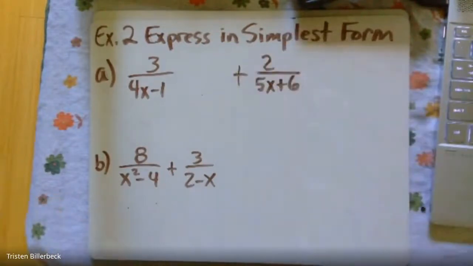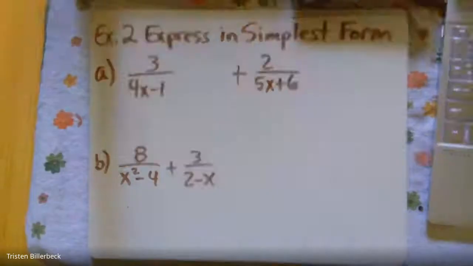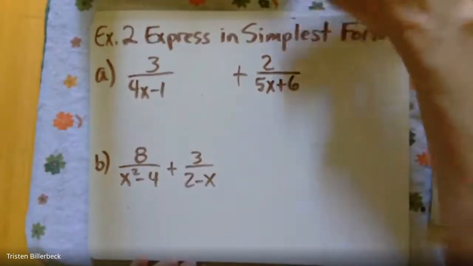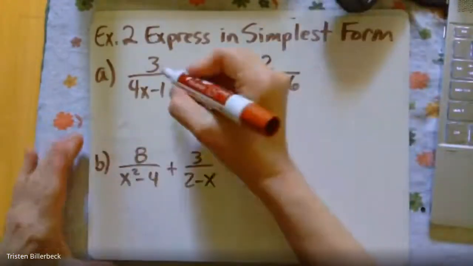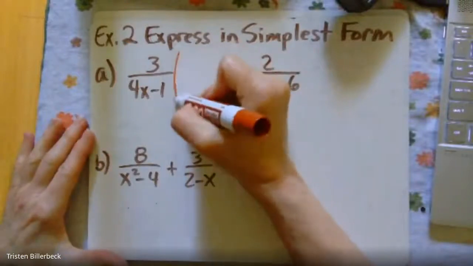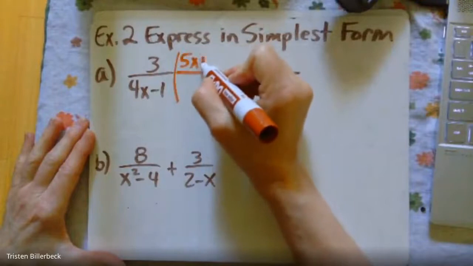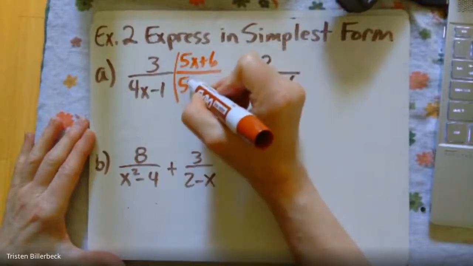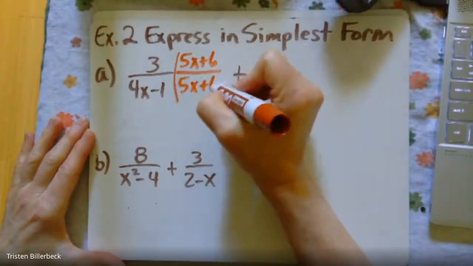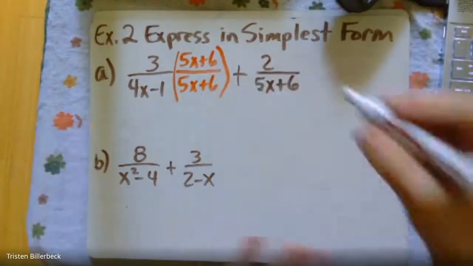All right, so we need a common denominator, and it's not going to be pretty. I'm sorry. We're going to have to multiply by that. So we're going to have to do it on the top, and we're going to have to do it on the bottom. So sorry, but that's what we're into right now.